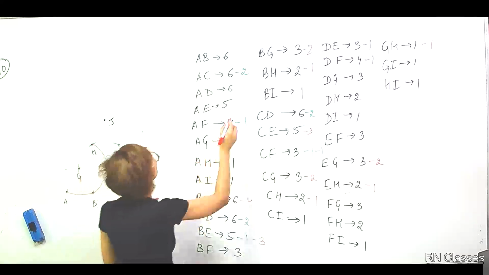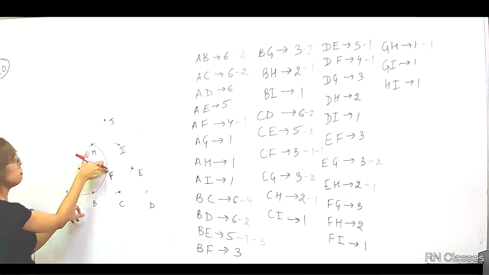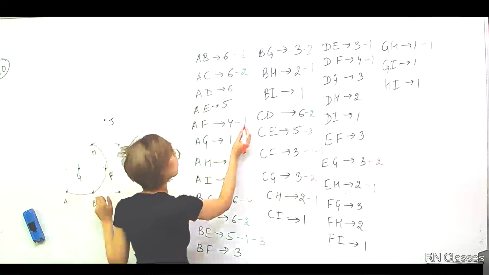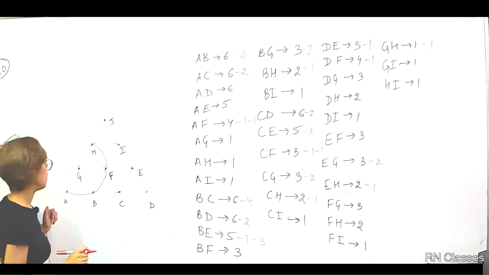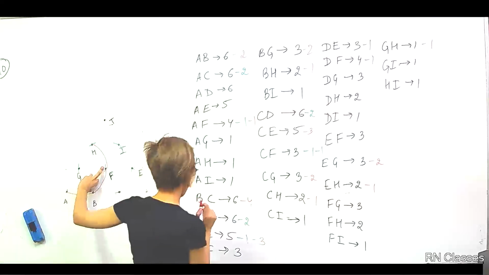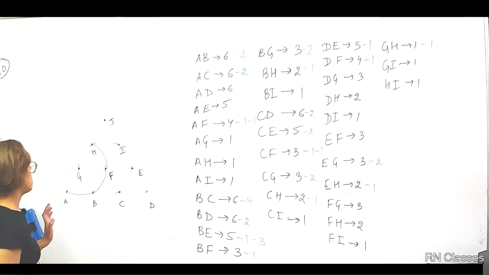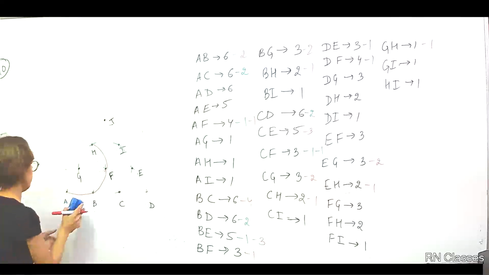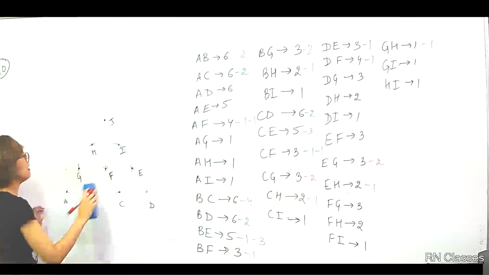So AB minus 2. AF just 1, so AF minus 1. AH, nothing. BF just 1, BF minus 1. That is done. BH nothing. FH nothing. So this is also done.